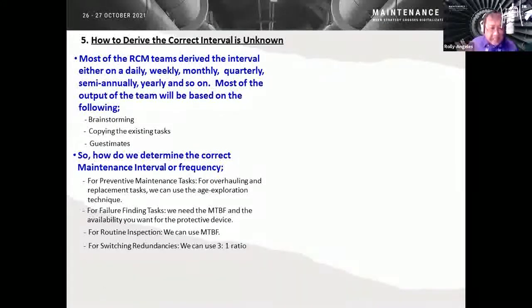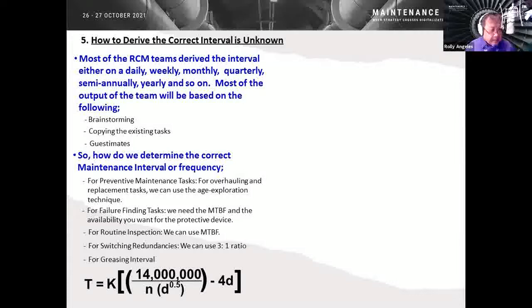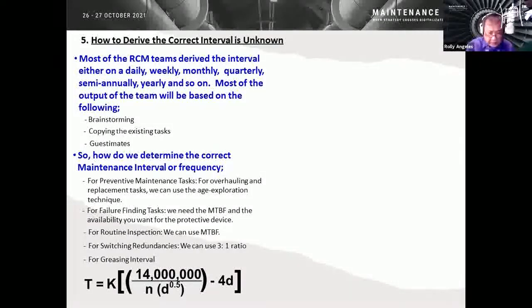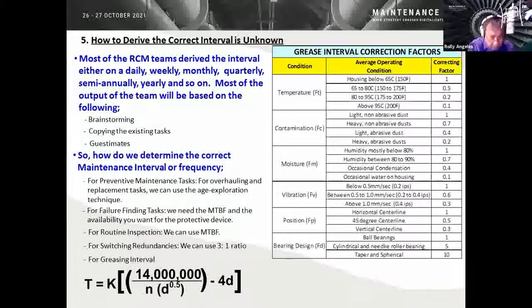And for greasing interval, you can use this formula, which I derived from the STLE Handbook on Lubrication and Tribology, volume number 1. Okay. So K will represent the actual condition of the equipment.